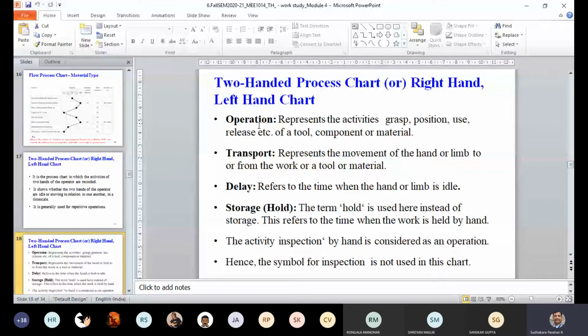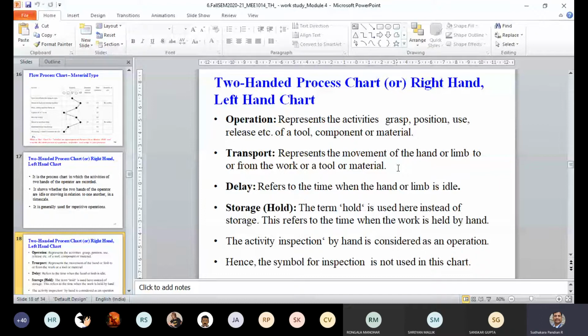Like operation, transport. In operation, we already came to know this: grasp, position, use, release of a tool, component, material, whatever it is. So these are under operations. And in transport, the movement of material or movement of the hand from one place to another place to take the material or set up the machineries, whatever it may be.